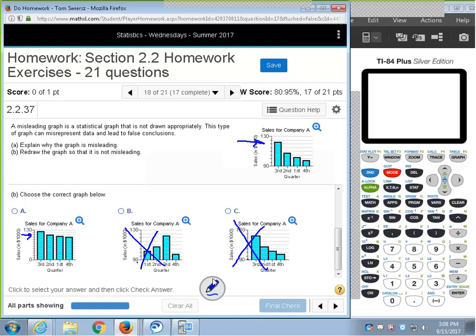The first quarter is a little bit less, a little bit over 100. And then the fourth quarter is a little bit less than 100, because that's 95, 100. So this one is from 0 to 130, and all the bars are at the correct height. So definitely choice A is the correct answer.